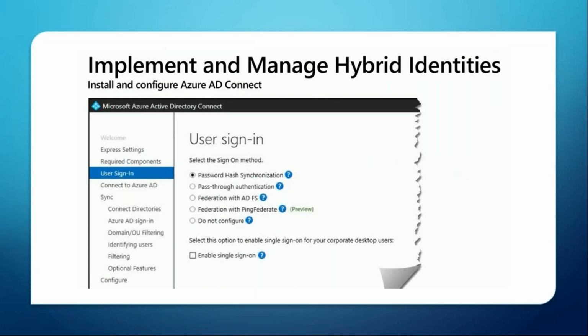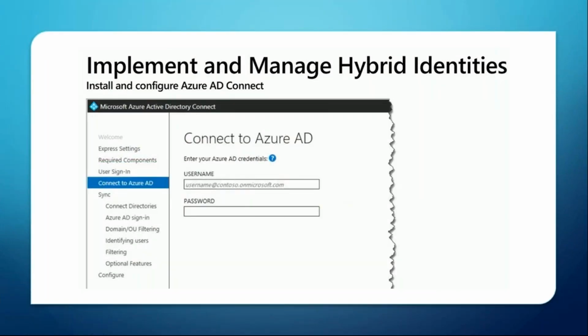This is Microsoft Azure Active Directory Connect. You can download it from the Microsoft website and run it to configure Azure Active Directory Connect. Then you decide what options to use, such as password hash synchronization or other options. Then you can connect the Active Directory, and these are the credentials you are going to provide.